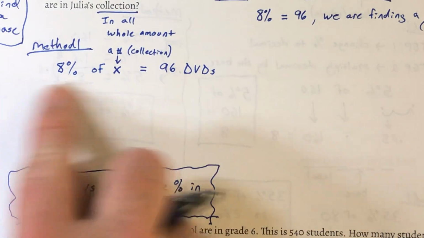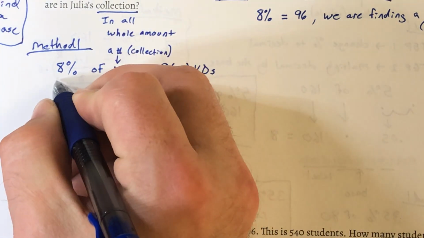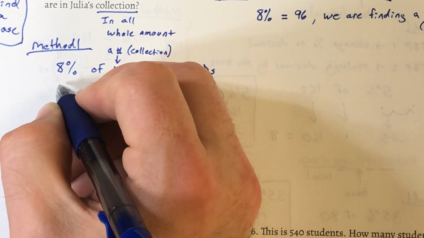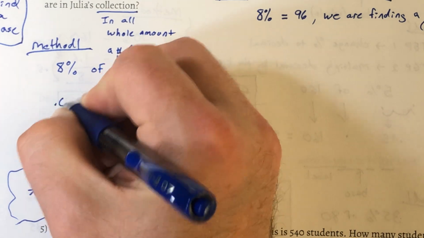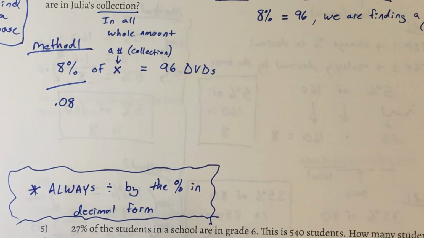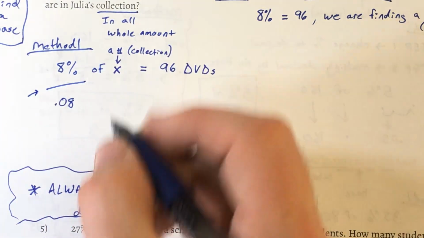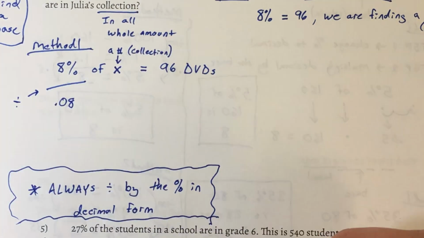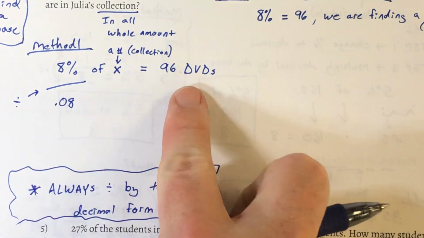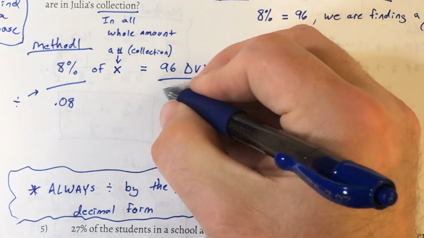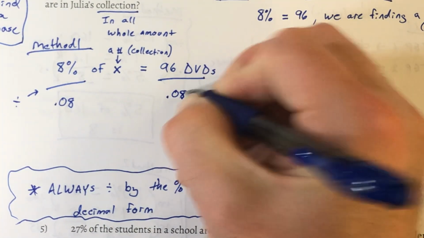All right, let's look through this problem. 8%, we're going to change it to decimal form, which is 0.08, and we're going to divide. Again, that's a fraction bar. It means divide. What you do to one side, you do to the other. So take 96 and divide by 0.08.